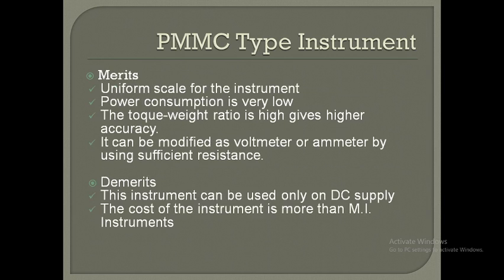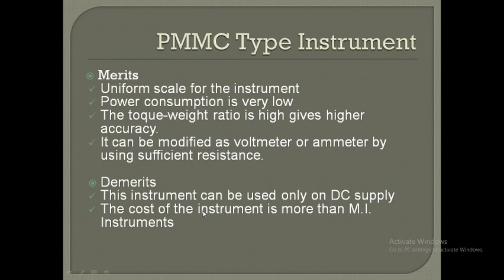What are the merits of PMMC instruments? The scale is uniform, power consumption is low, and the torque to weight ratio is high, which gives higher accuracy. It can be modified as a voltmeter or ammeter by using sufficient resistance.